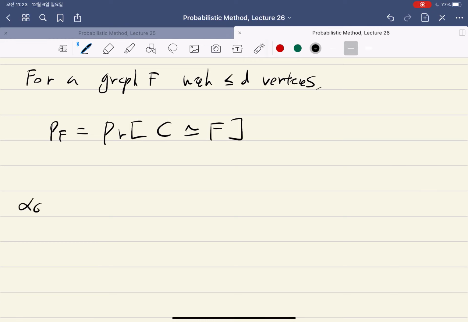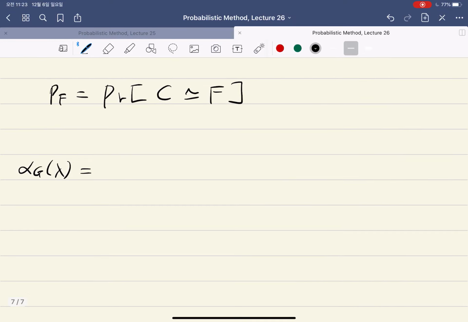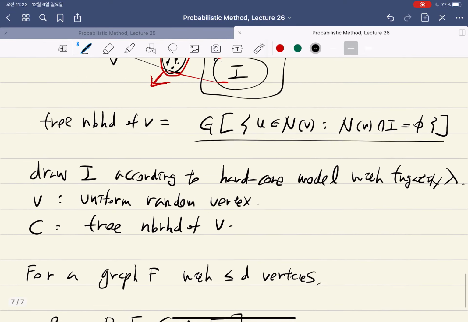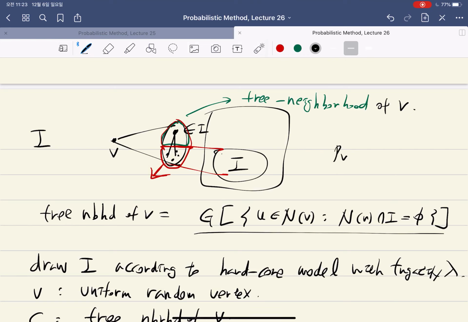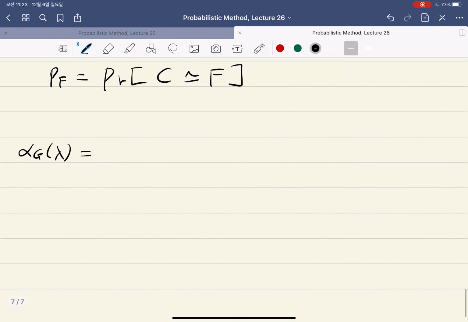Then, as before, we can actually express this in terms of other parameters. Again, P_V and Q_V are as before, the probability that it is occupied and the probability that it is uncovered. And alpha of lambda is again, by the same logic as before, you take the expectation of the uncovered probability and multiply by lambda over 1 plus lambda.